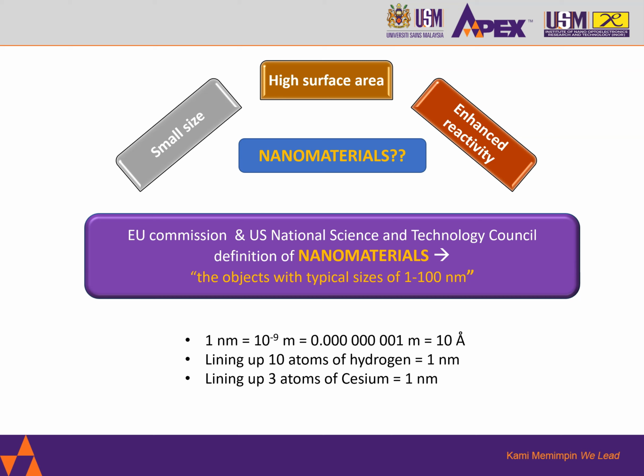At this stage, do not be confused with the terms nanoparticles, nanostructure, and whatnot, because they are just subsets of nanomaterials. We will talk about the terms and names of the different types of nanomaterial in another module.